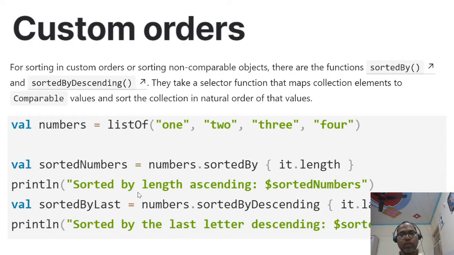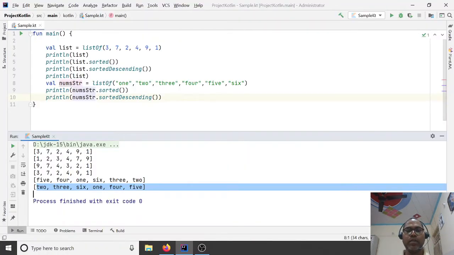Next let's talk about the custom order. Custom order means I don't want to sort by the predefined order. In the case of the Kotlin string object, it sorts the elements by each character in alphabetical order. But here I want to sort on the basis of, let's say, its length.